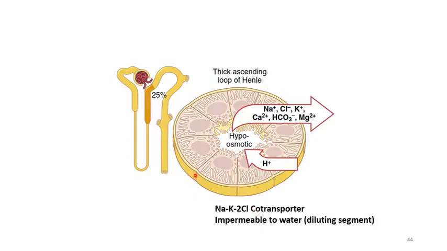This part also is impermeable to water and is known as the diluting segment because solutes are reabsorbed but water remains inside the tubule, so the tubular fluid will be diluted in this part. Also, part of hydrogen ion secretion occurs in this part.